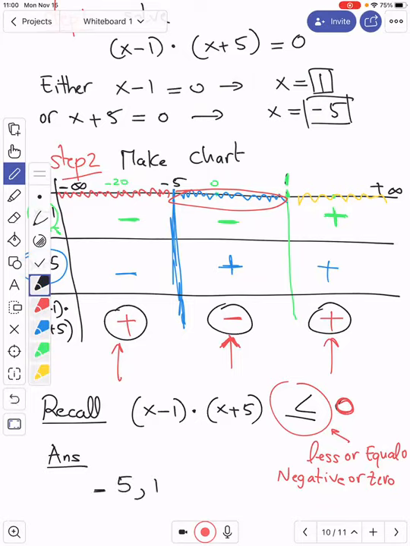And again, we have to ask ourselves if it can be equal to 0. It's less or equal to 0, so it can be equal to 0. We need to include -5, because when x is -5 the whole thing is going to be 0, and when x is +1 the whole thing is going to be 0. So we're going to use brackets for -5 and +1.